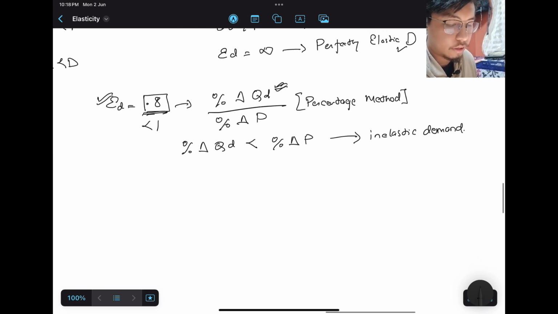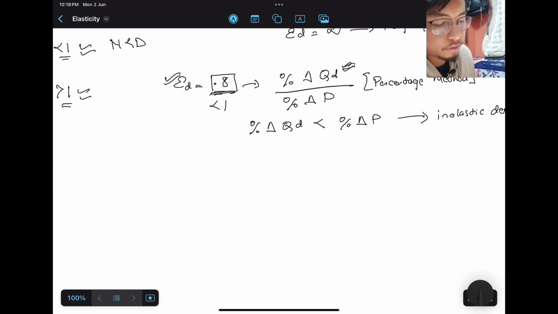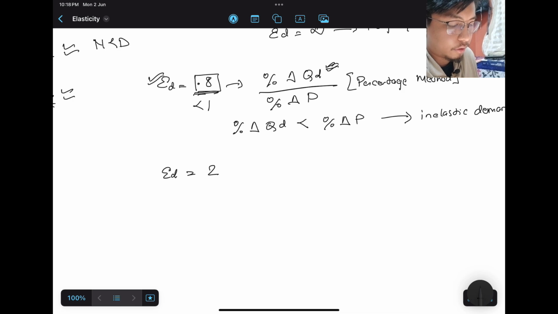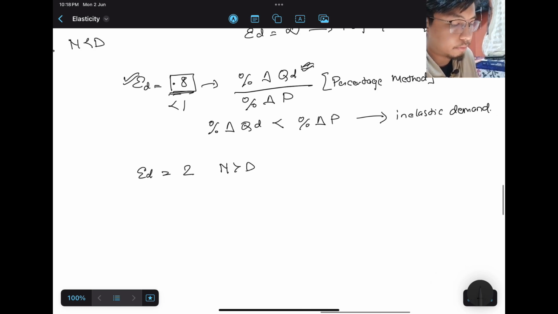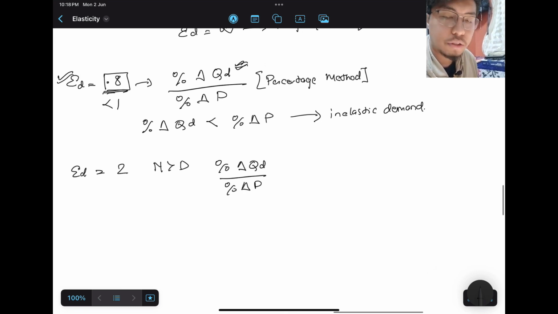Okay, now suppose our ED came as 2. If 2 came, then your numerator is more than your denominator. The numerator is percentage change in quantity demanded, upon percentage change in prices.